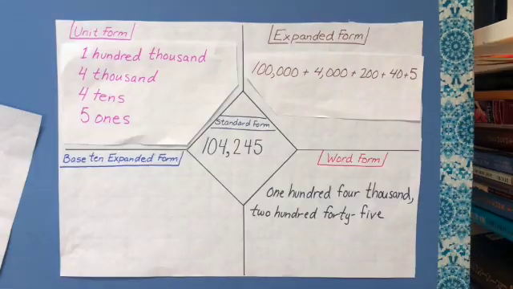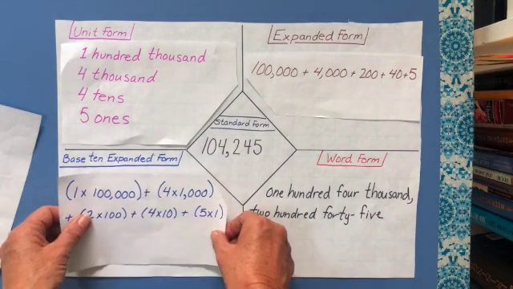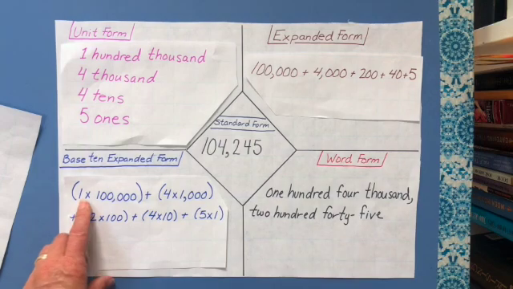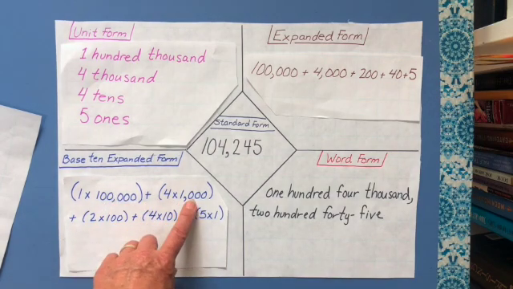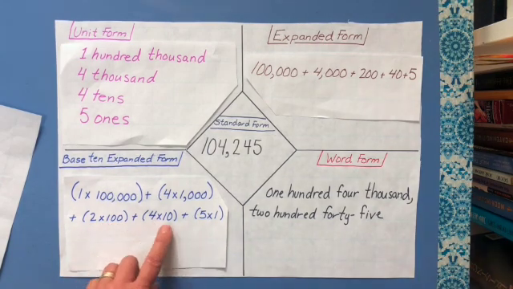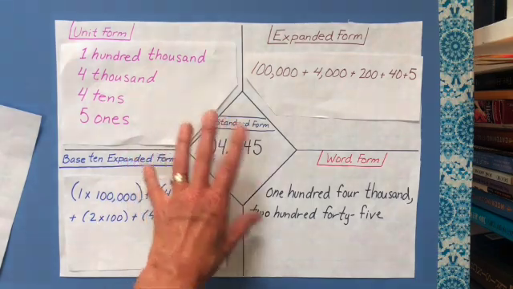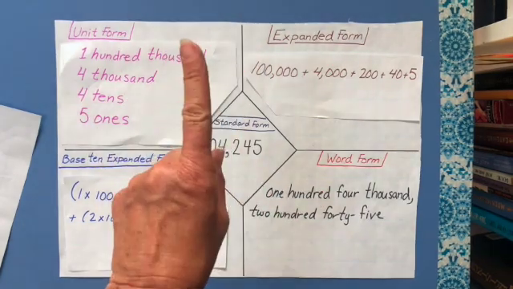And so if I went back to my Frayer model, I would put the base 10 form right here, and it would be one group of 100,000 plus 4 groups of 1,000 plus 2 groups of 100 plus 4 groups of 10 plus 5 groups of 1. So now on the Frayer model, we've shown 5 ways to write one number.